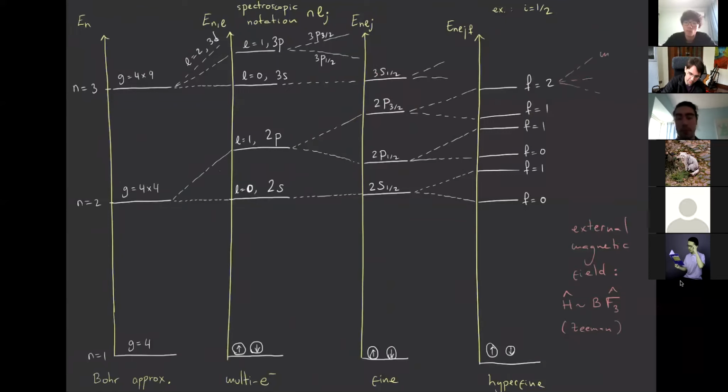So for example, here we have MF equal 2, MF equal 1, MF equal 0, MF equal -1, MF equal -2. All these 5 levels will have a different energy in general. And the same with the rest, so I don't need to write them.